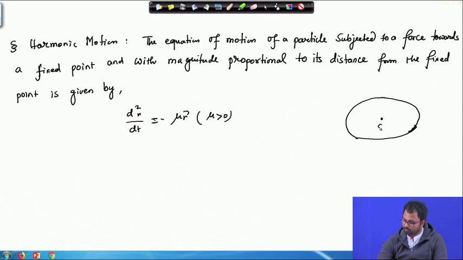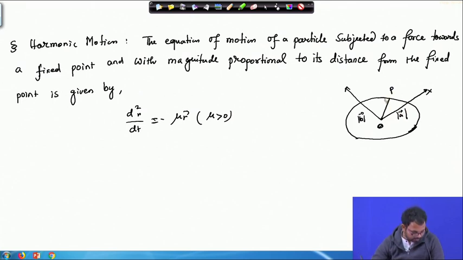This is our origin O, and let us say this is the point P, and this is the x axis, and this is our y axis, and the magnitude here is B, and here the magnitude is A, and this is basically our mu times r, the position vector.